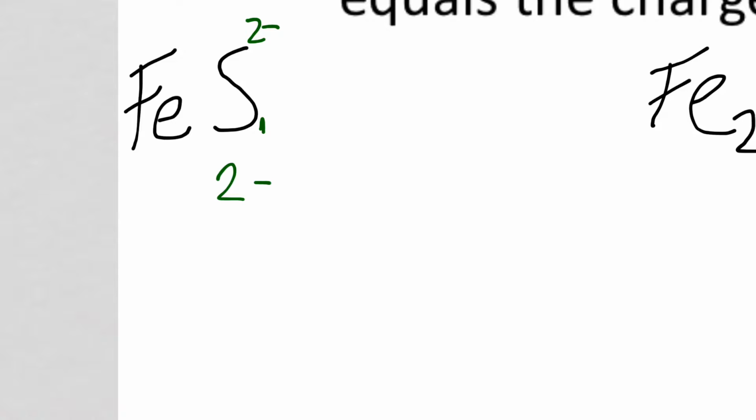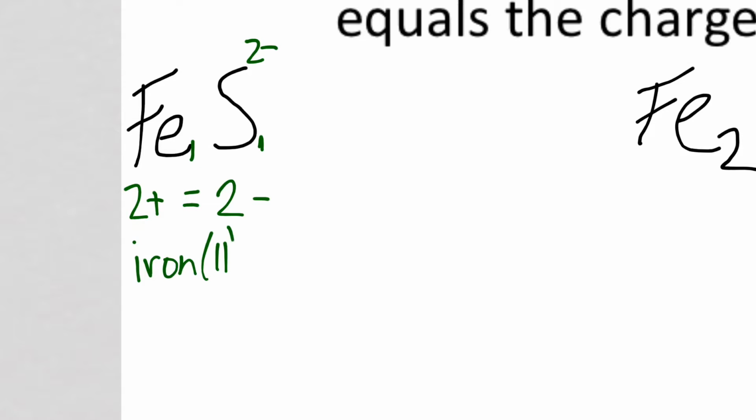In an ionic compound, the total negative charge equals the total positive charge. So the total positive charge is positive 2. Because there's only one iron here, that means this one iron has to have a 2 plus charge. Roman numerals indicate what's the charge, not how many there are, but what's the charge. So that's why we get the idea of iron 2 sulfide.